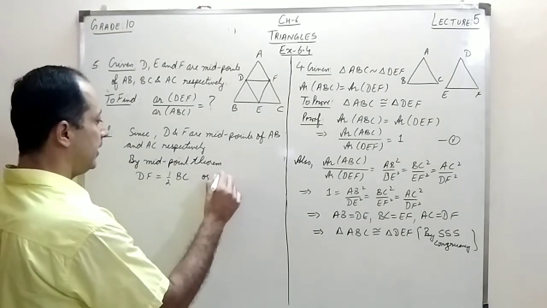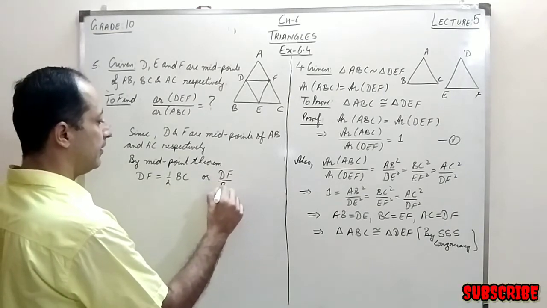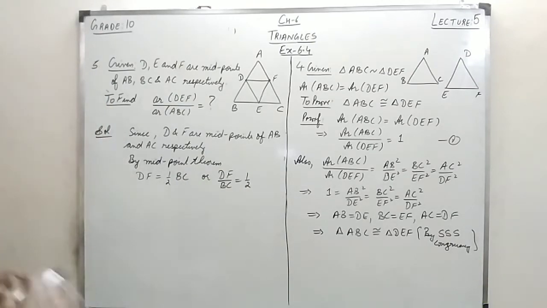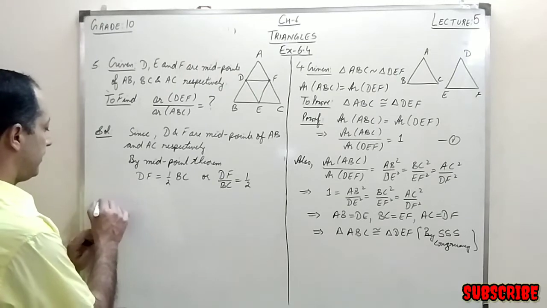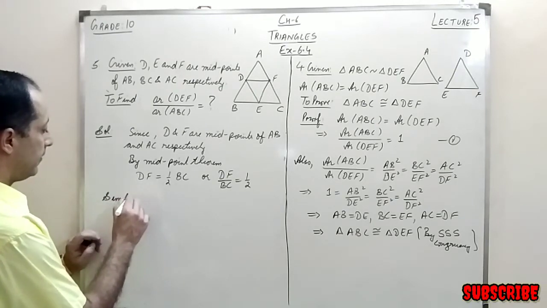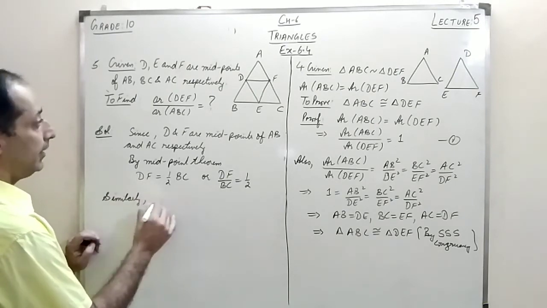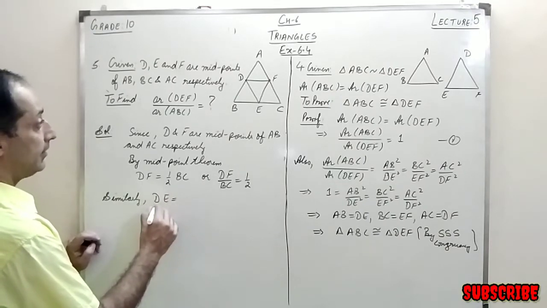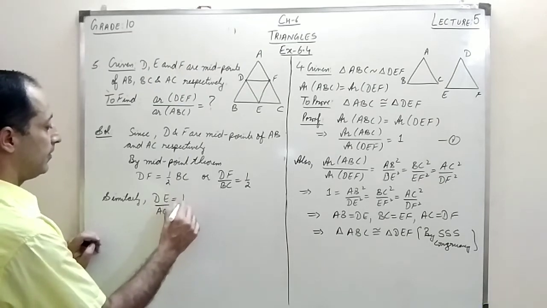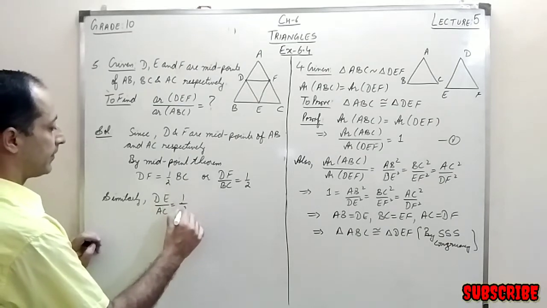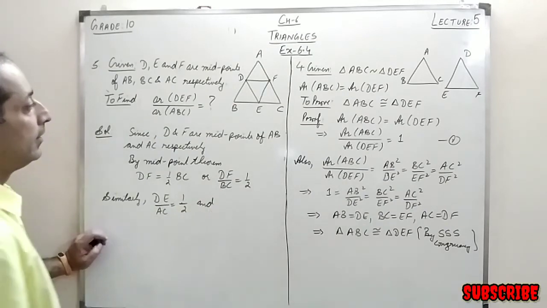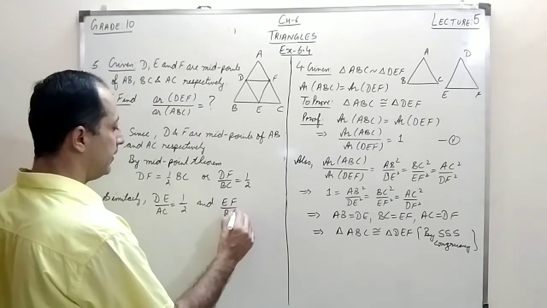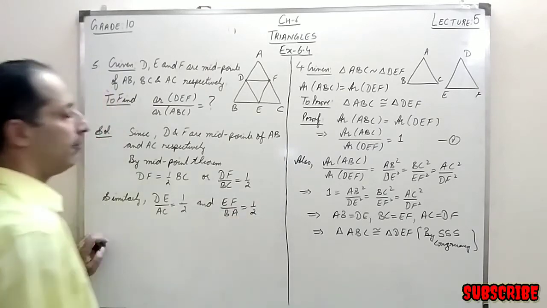Or we can also say that DF by BC is 1 by 2. Similarly, if I apply this on all the other sides, I can say DE by AC is equal to 1 by 2 and EF upon BA equals to 1 by 2.